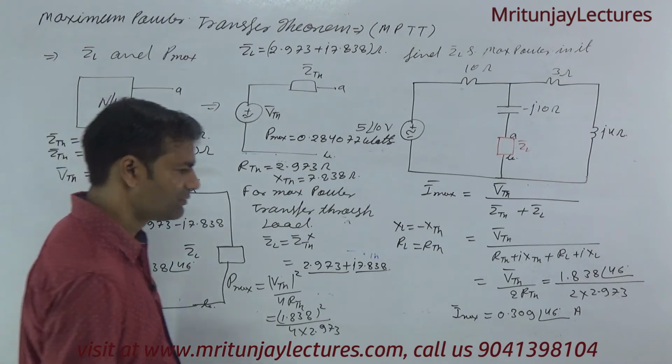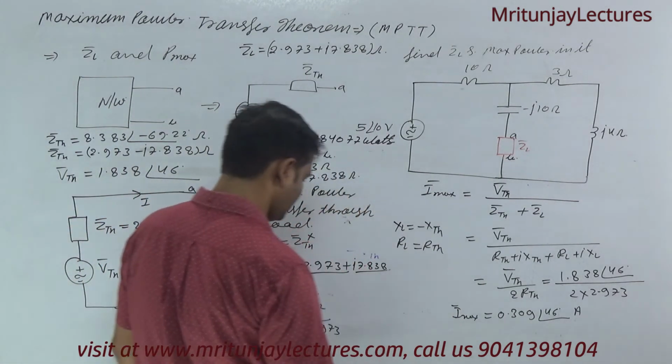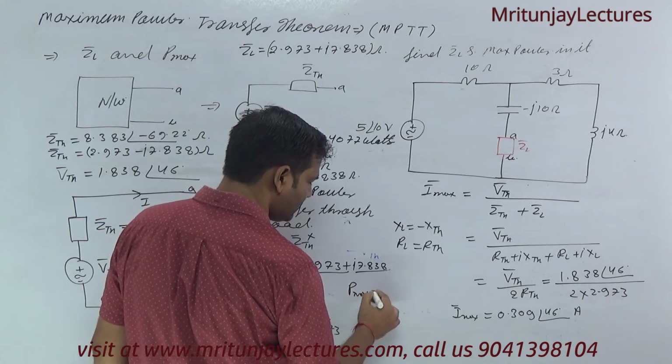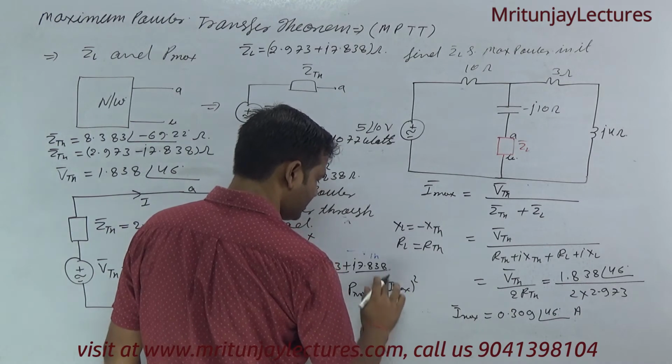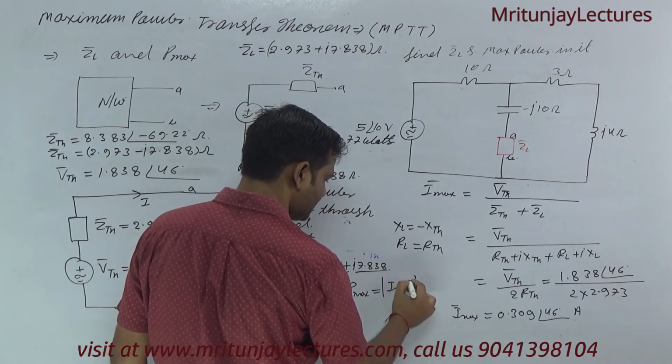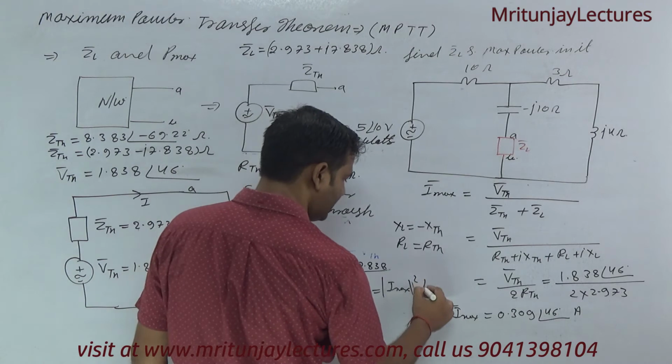Now our next target, what about P max? You can also apply: P max is mod of I max square, always consider, into RL.